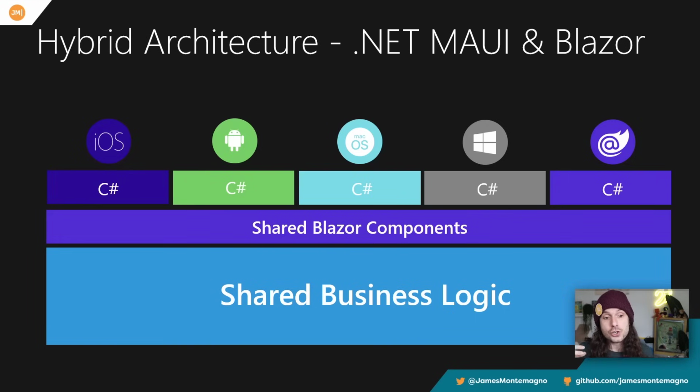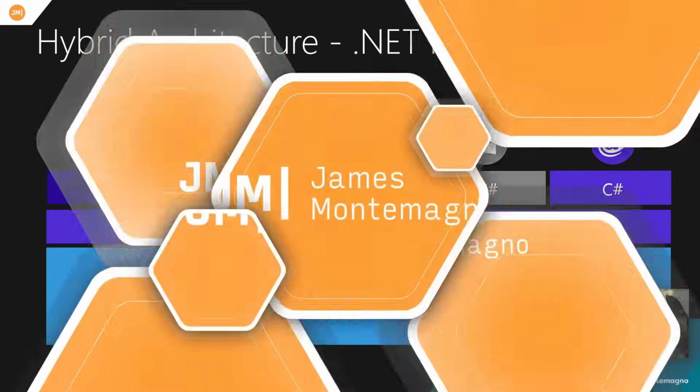You can now seamlessly share your Razor components across your entire Blazor website and all of your mobile and desktop applications as well. And again, it could be as much or as little as you want. Now, I've always been in the use case that I love native, but I think that this hybrid architecture gives you flexibility and for as much or as little as you need. So let's go ahead and get into it.